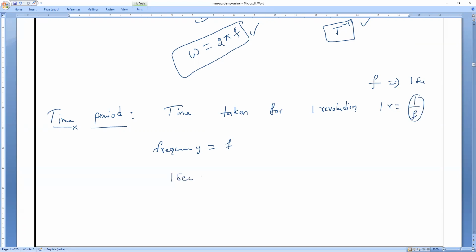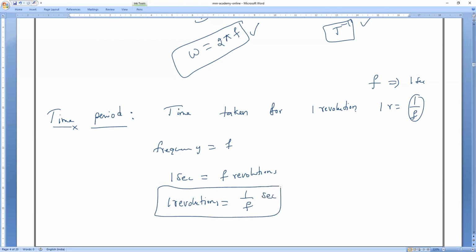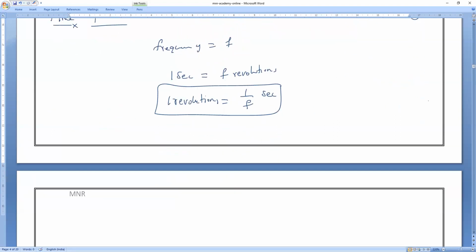So if it makes F revolutions in 1 second, then one revolution takes 1 by F second.